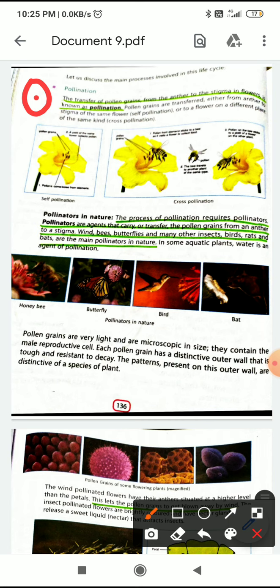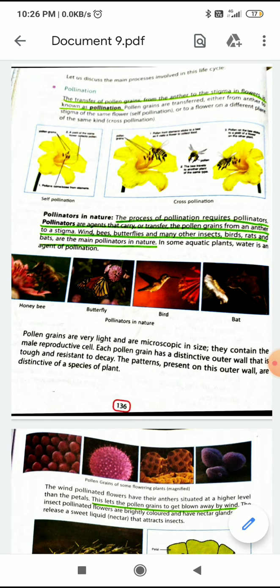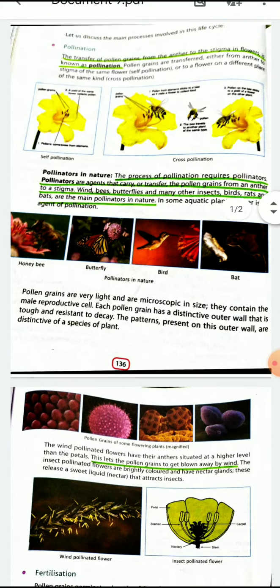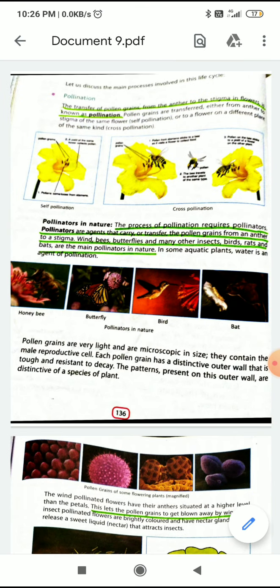So this is transferred to the pistil of the other flower, and in the pistil there is an ovule inside the ovary, and the pollen from this plant reaches this plant. After that, fertilization takes place. How will it be seen? Fertilization takes place inside the ovary.